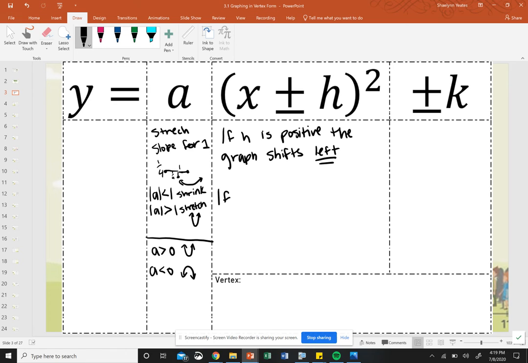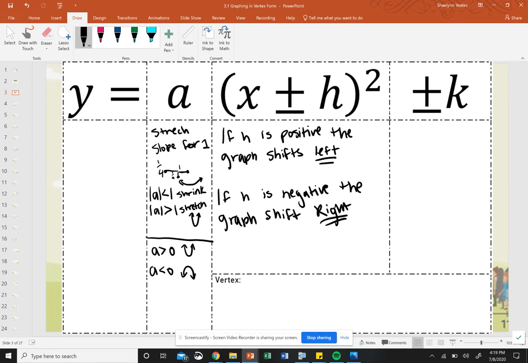If H is negative, the graph shifts right.